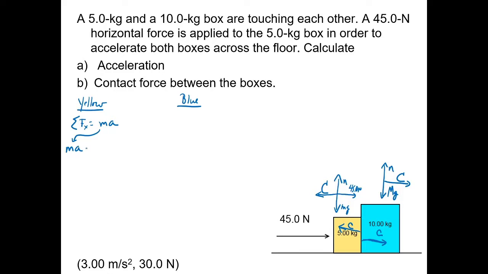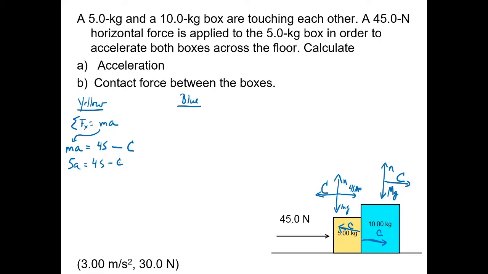So MA, 45 newtons is the force that's pushing the box to the right in the positive x direction, and the contact force is resisting. Now the mass of that box is 5, so 5A is 45 minus C.